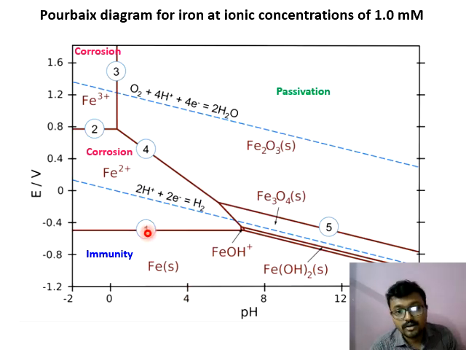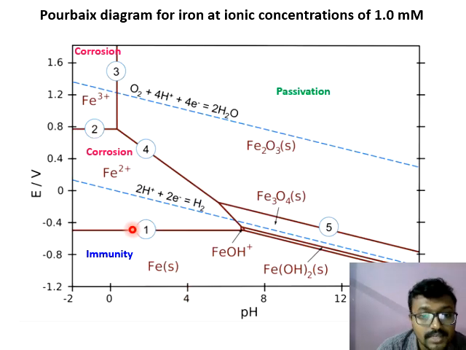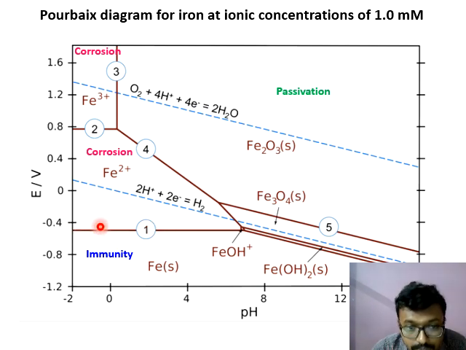Why? Because these reactions are independent of pH, independent of H+. Iron to iron 2+, in this reaction the H+ ion is not involved, so this reaction is pH independent. Because of that, this line, which represents the equilibrium reaction between iron and iron 2+, is parallel to the pH axis.